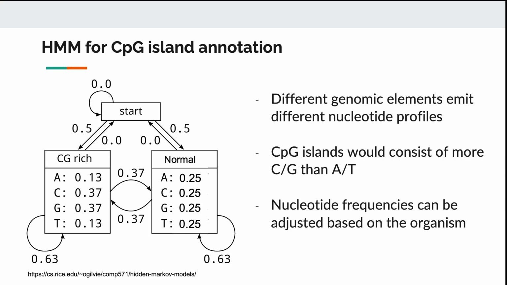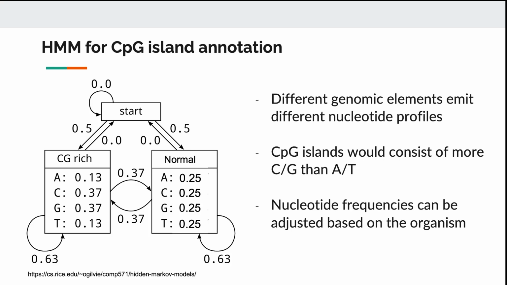So let's think about the model in terms of biological data. Let's say we want to build a hidden Markov model for CpG island annotation. We want to annotate whether a certain part of the sequence is a CpG island or not.